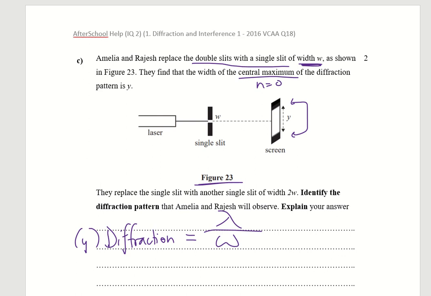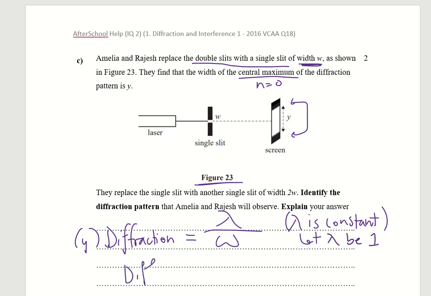So if I increase the width, and assuming wavelength is constant, let lambda be 1, which is dealing with the constant here.